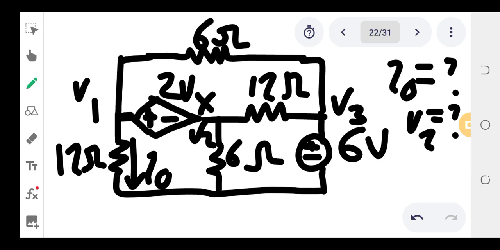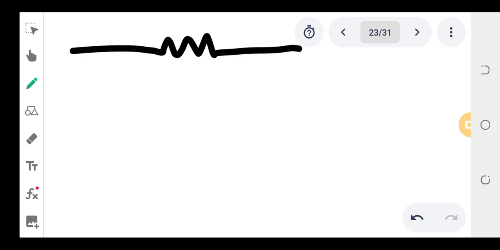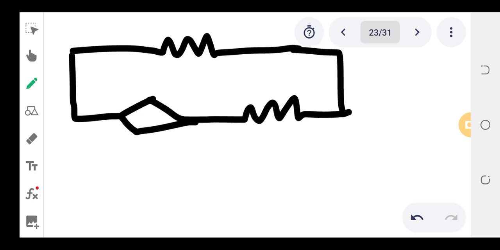So I'll redraw this circuit. This is our circuit.